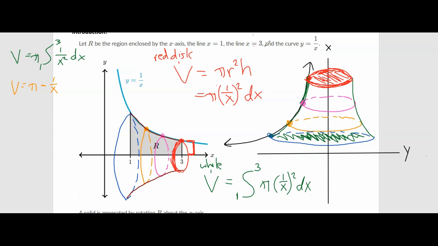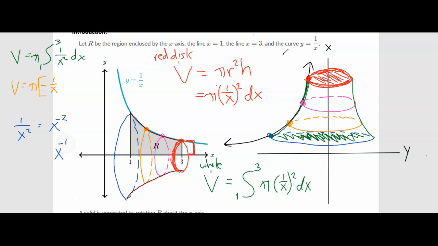You could think about that using the reverse power rule. Right, 1 over x squared is really x to the power of negative 2. So reverse power rule, we're actually going to add 1 to the exponent.